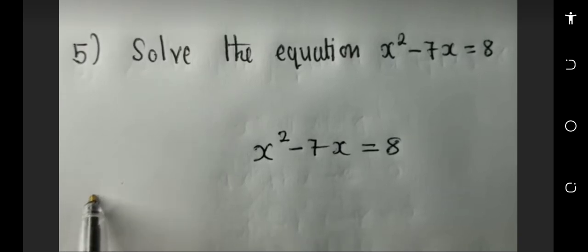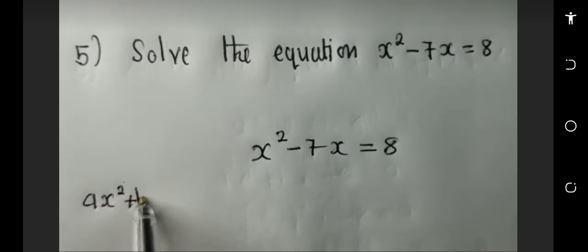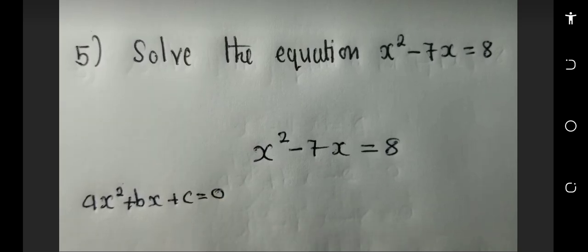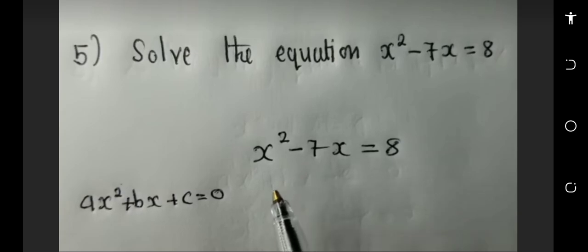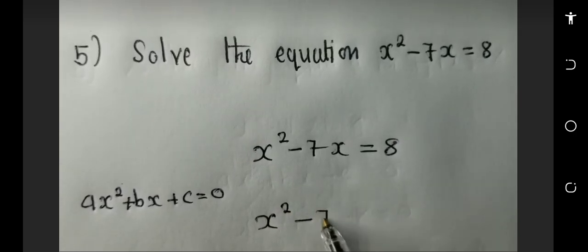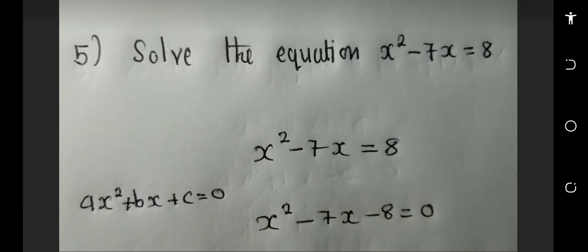It's supposed to be ax power 2 plus bx plus c is equal to 0. So this is the standard form. Now when you look at this, it's not in standard form. So we have to put it in standard form before we even start solving. So we're going to have x power 2 minus 7x minus 8 is equal to 0.